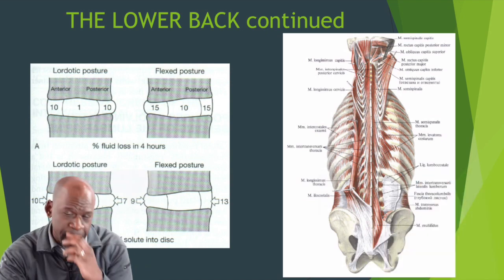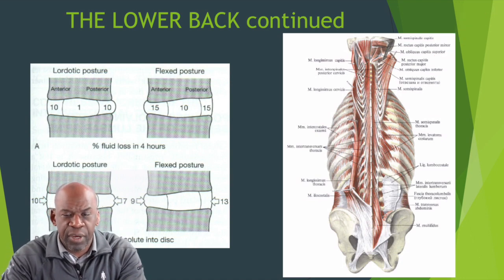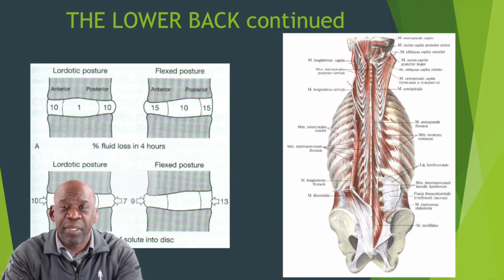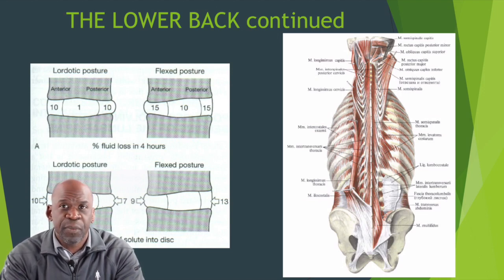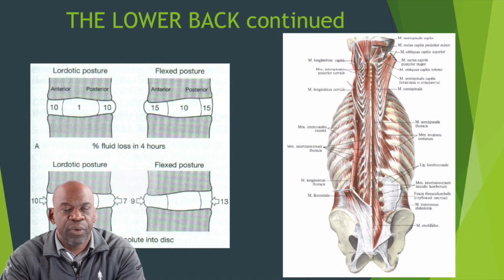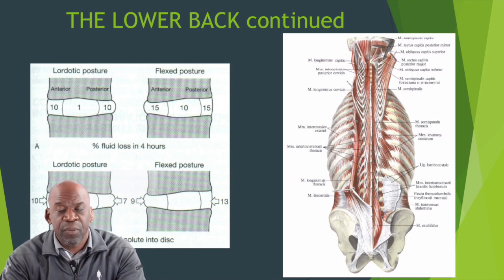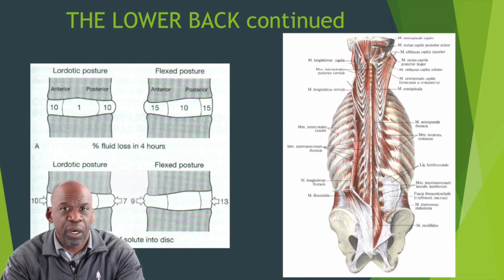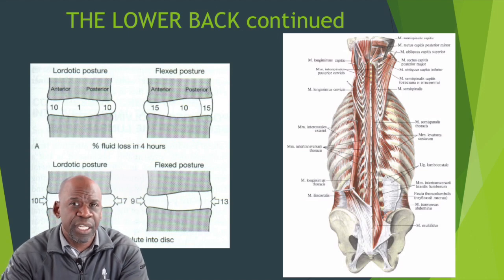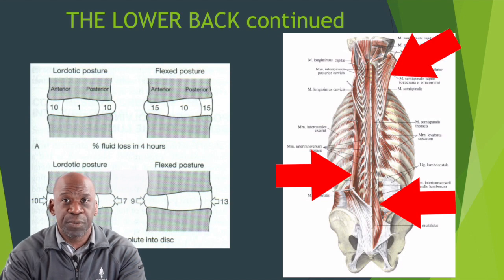If we look at the diagram on the right-hand side, this is basically, again, a diagram to show you the anatomy of the lumbar spine and the muscles that are involved with stabilization of the spine. And here you can see that, as within the other areas of the body that we have already shown, there are a number of different layers that are associated with control of the spine and a number of different muscle groups.